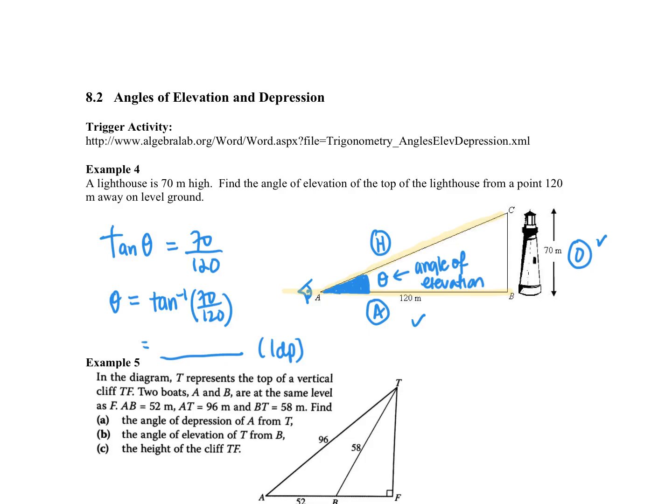If I'm here, next person stands here. My eye level is parallel, it's always horizontal. The angle of depression that he looks down is the same as the angle of elevation. So it is an alternate angle. So it also happens to be your angle of depression.